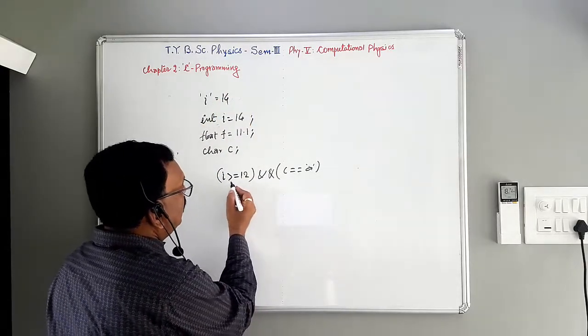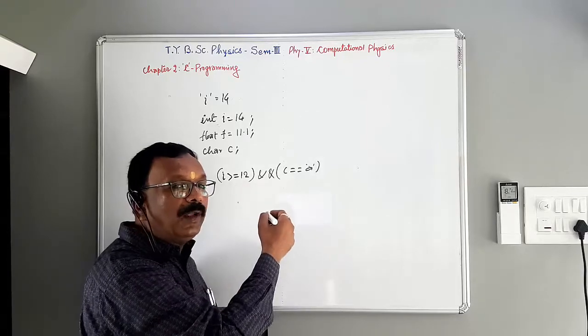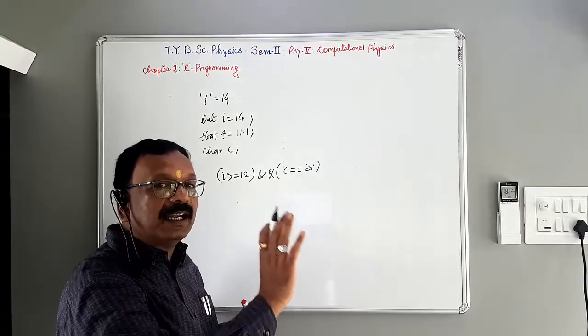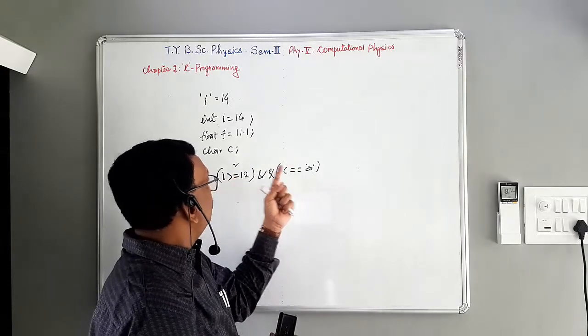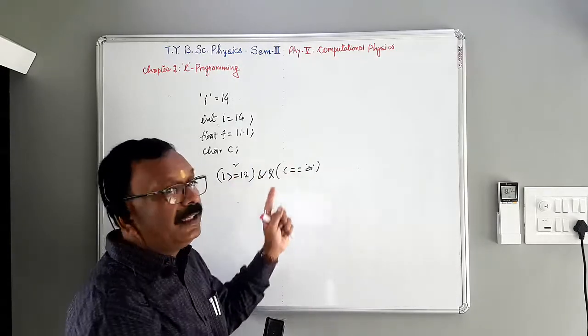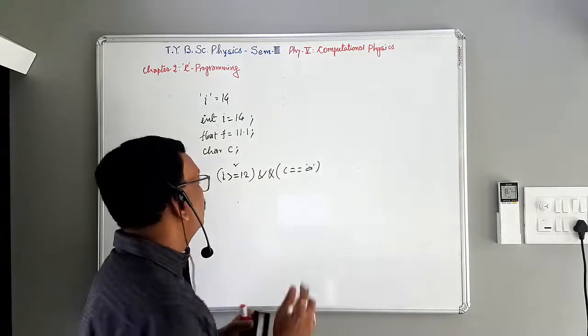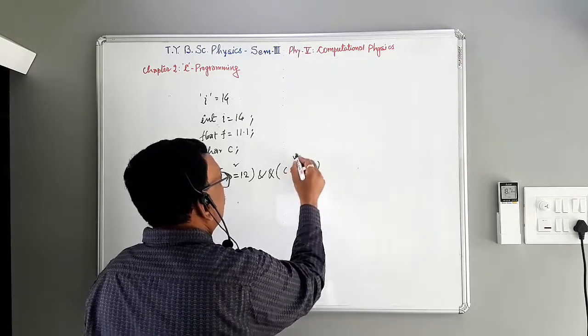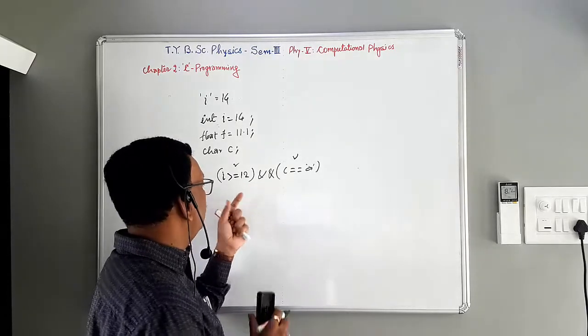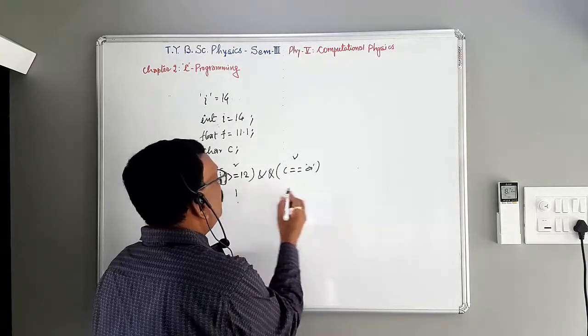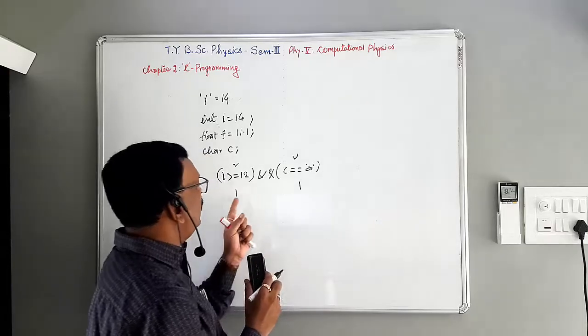Is 14 greater than or equal to 12? Yes, 14 is greater than 12. This condition is true. And is the character variable A? Yes, this is true. Both the terms are true. That means this is logically true and this is logically true, or logically high.